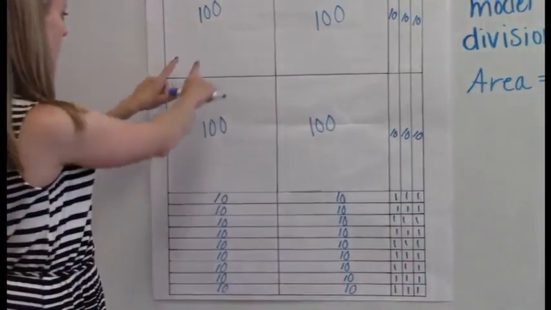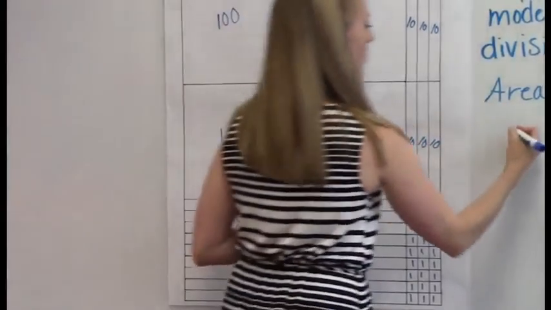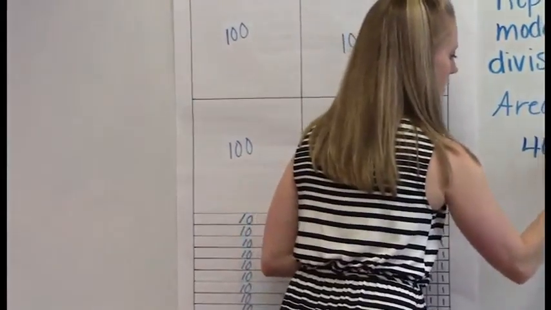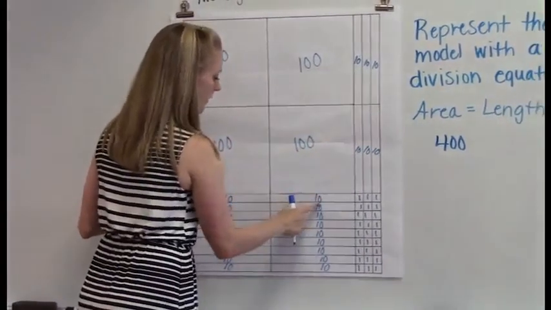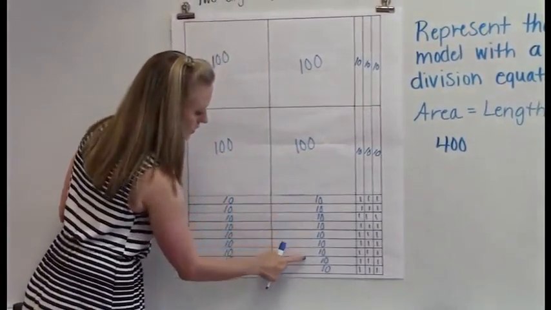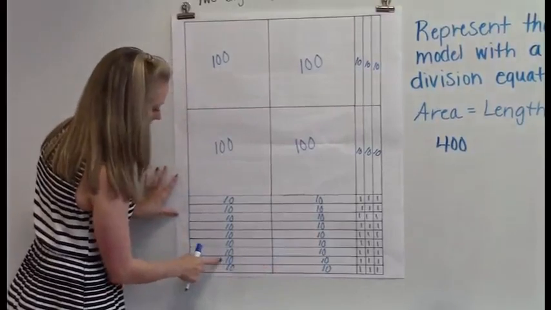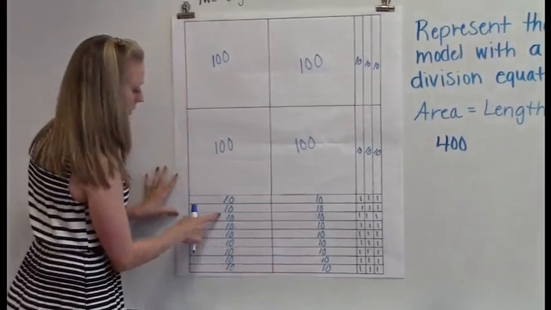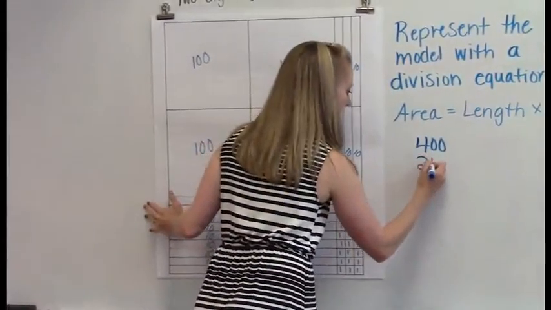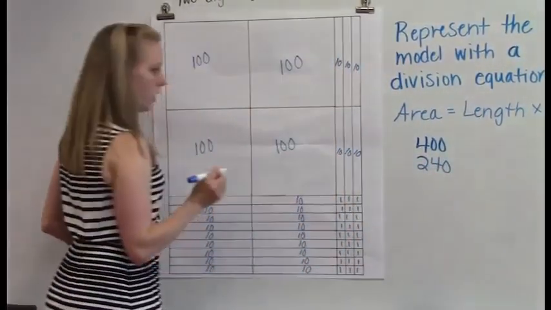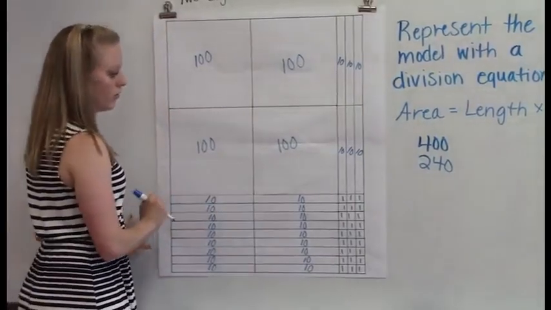Okay, so right now we've got 4 hundreds, we've got 400. We have 1, 2, 3, 4, 5, 6, 7, 8, 9, 10, 11, 12, 13, 14, 15, 16, 17, 18, 19, 20, 21, 22, 23, 24 tens, or 240. 24 times 10 gives us 240.